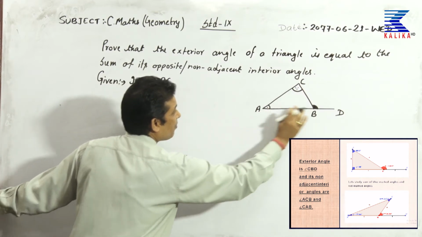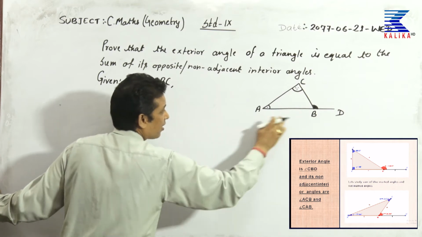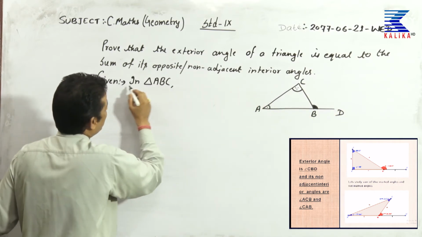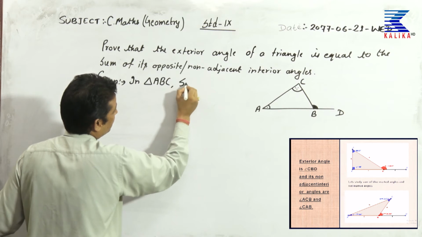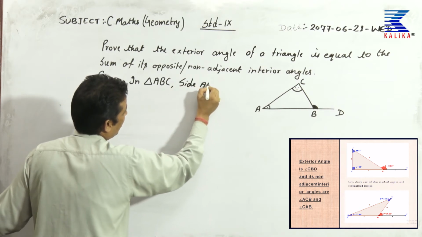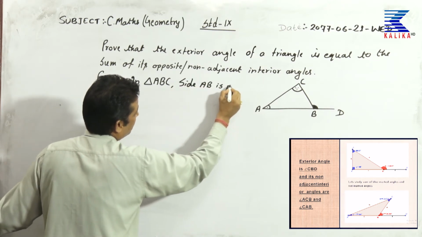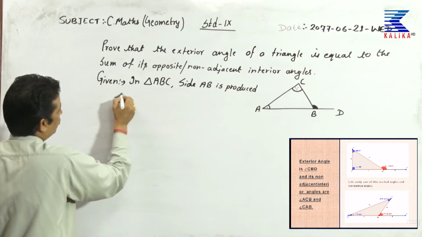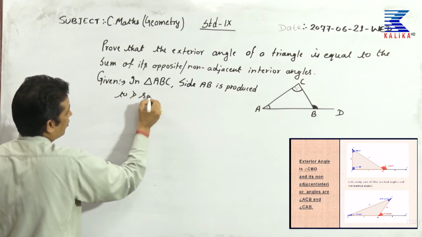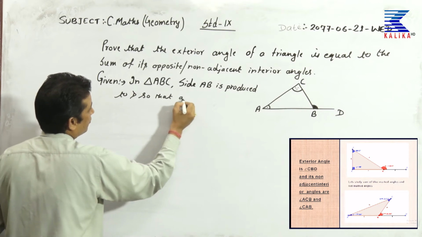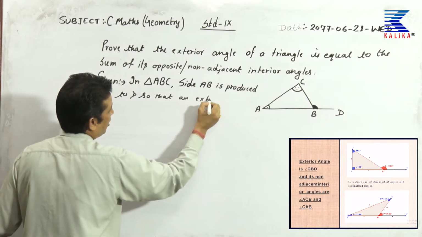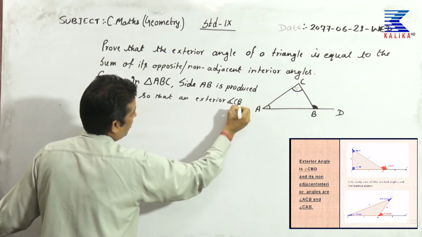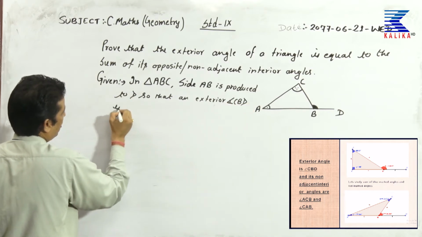Let us say AB is produced to D, because from B we have produced it to the side of B. So, we write in triangle ABC, side AB is produced to D, so that an exterior angle CBD is formed.